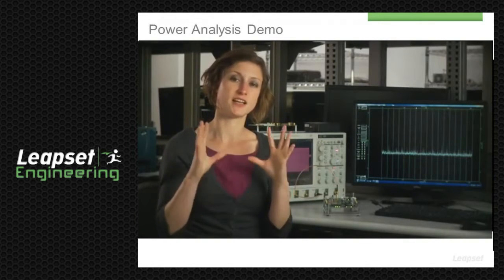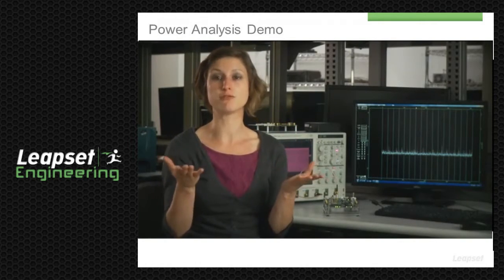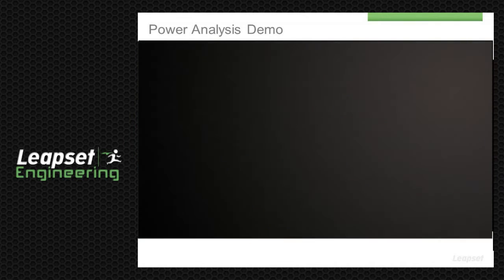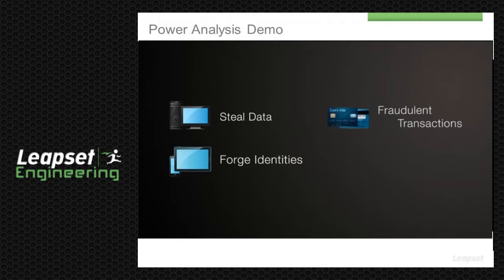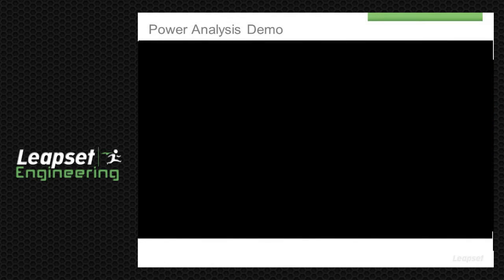An attacker can easily automate this entire side-channel analysis to recover the key in only a few seconds or minutes. Once the key is recovered, an attacker can steal data, forge identities, make fraudulent transactions, and even modify the device for other illegal activities.